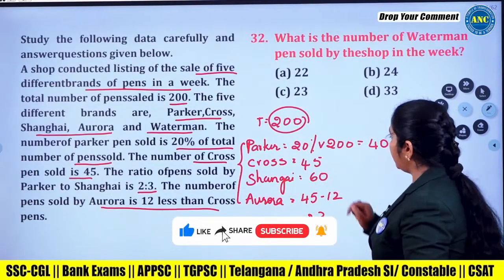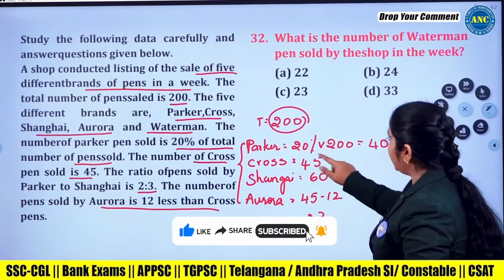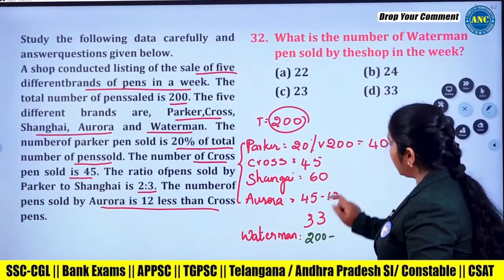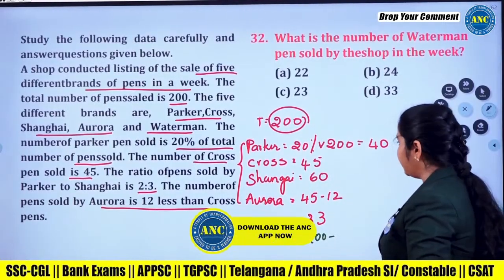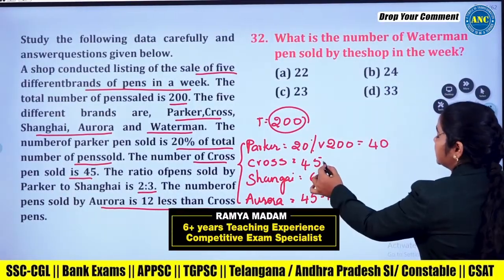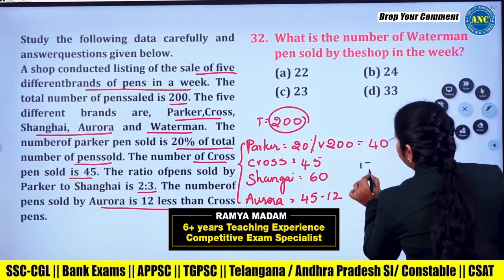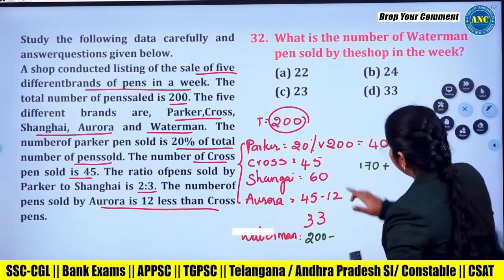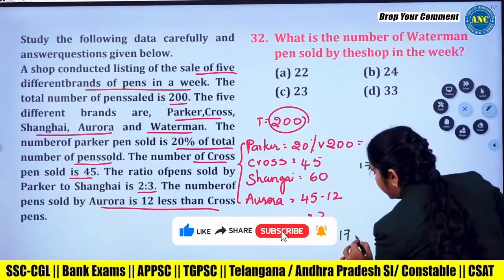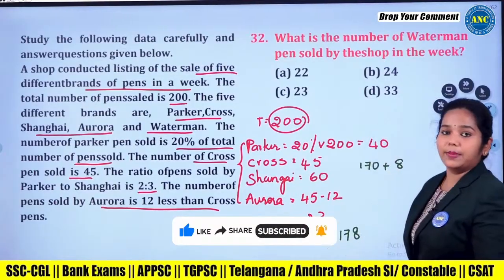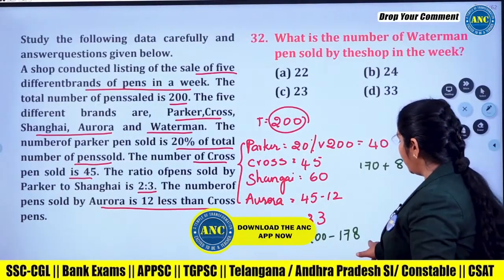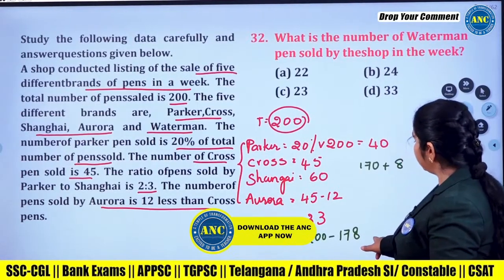40 plus 40 is 80. 80 plus 60 is 140. 140 plus 30 is 170. 170 plus 5 plus 3, 8, is 178. So 200 minus 178 gives 22.